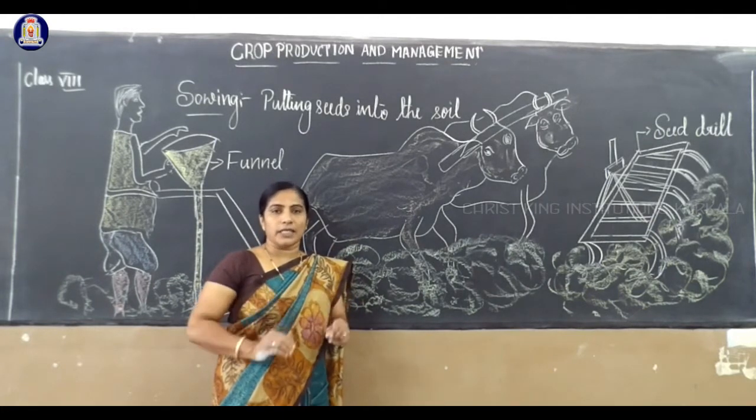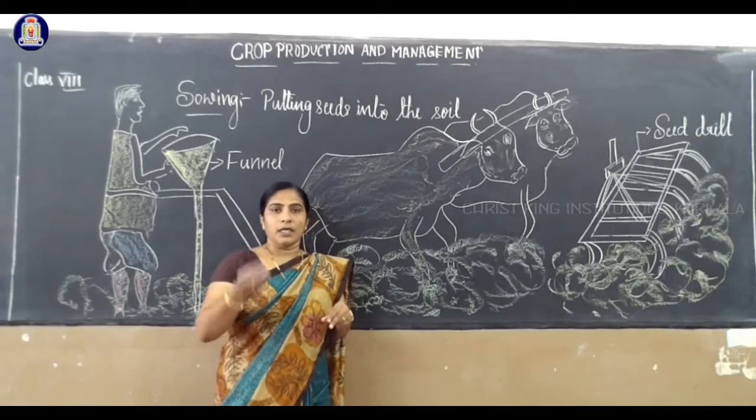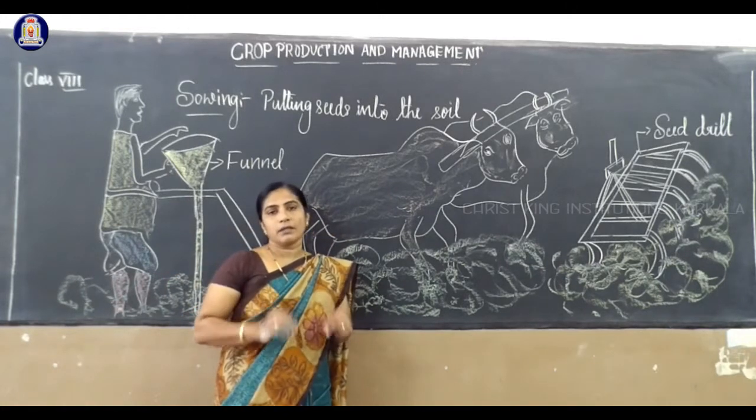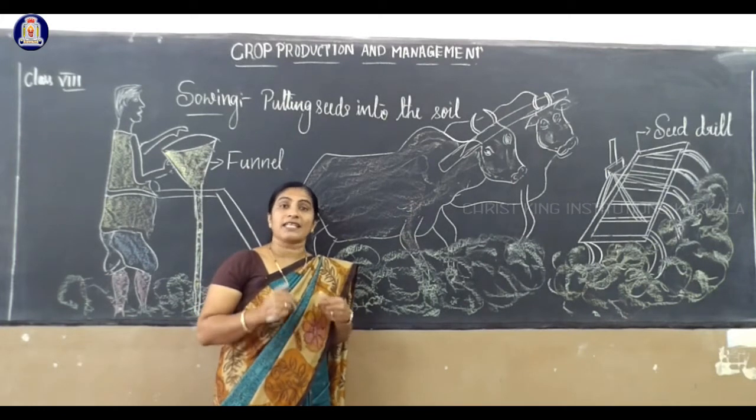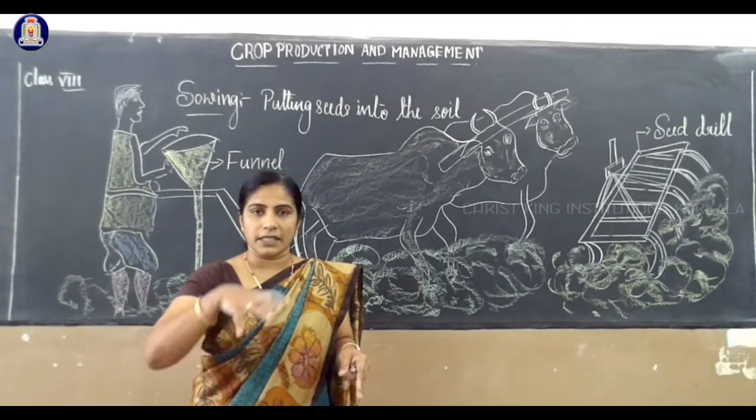Damaged, hollow seeds will float on the water. A good seed will settle down at the bottom. After this you can select a good seed, whichever has sunk.